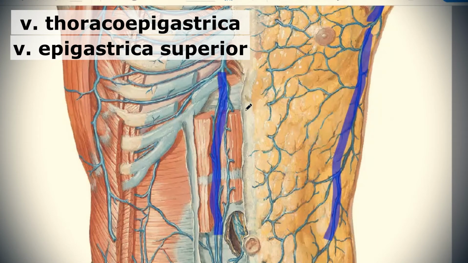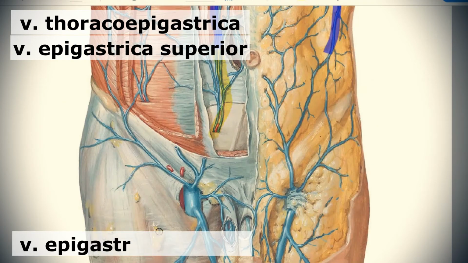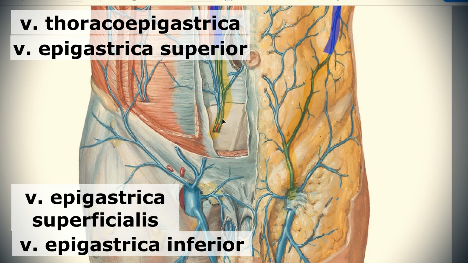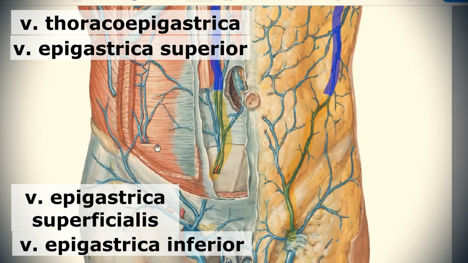So here, in the umbilical region, you have 2 veins of the vena cava superior system. Then you have vena epigastrica inferior, a tributary of iliaca externa, the system of vena cava inferior. And epigastrica superficialis falls into femoral, then to iliaca externa, and also it's cava inferior. So you have 2 veins also from the vena cava inferior system.